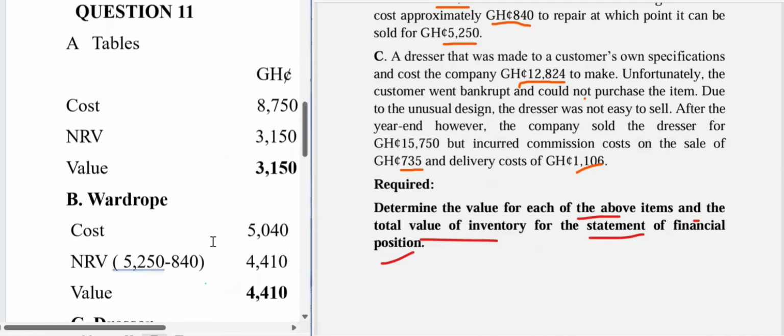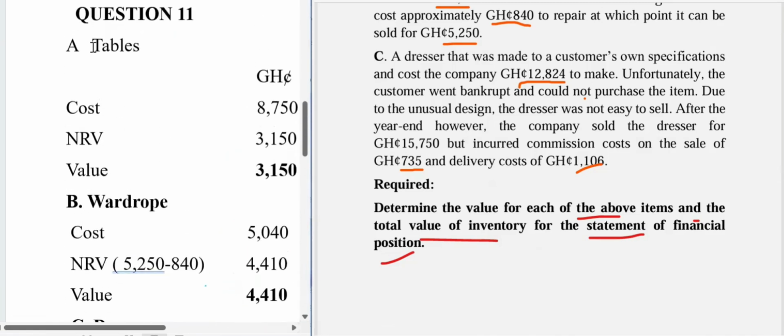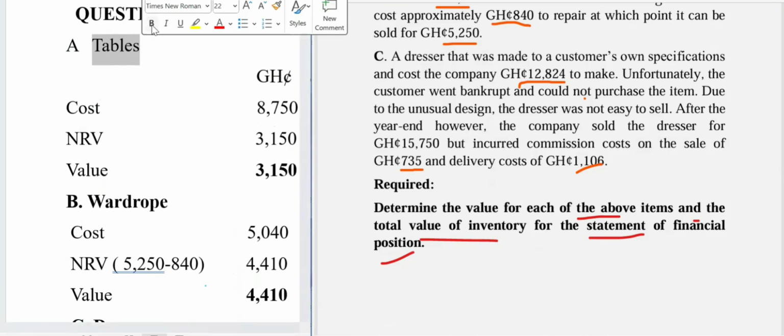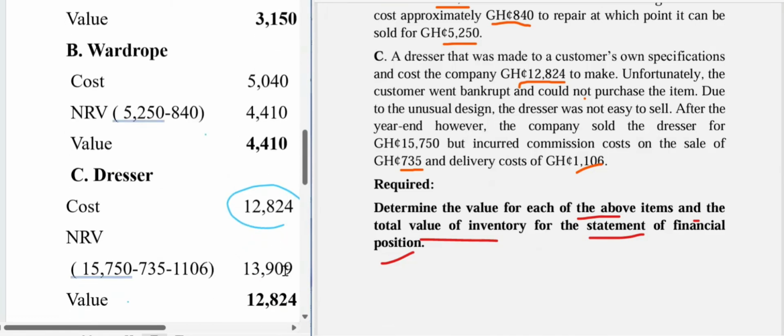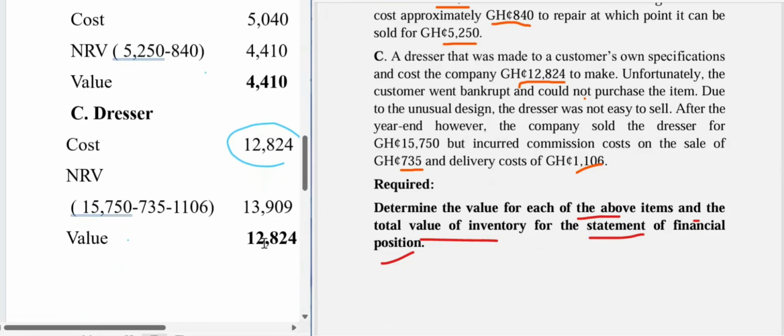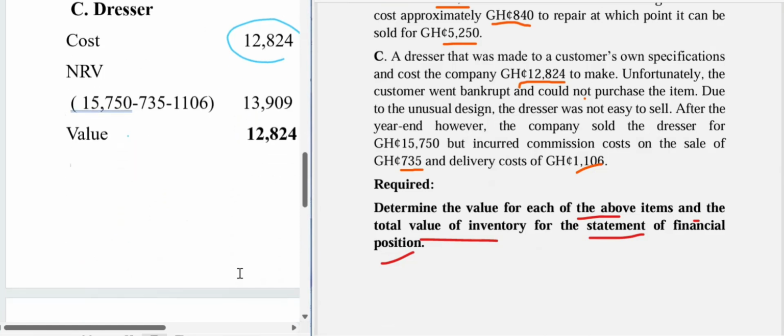So we have to just add them. Tables, the value was 3,150; wardrobe 4,410; and then dresser 12,824. So we just put them together, and we have the total value of our inventory.